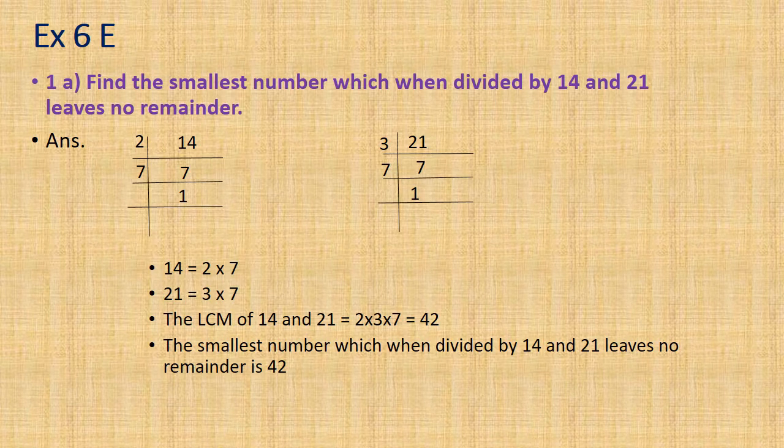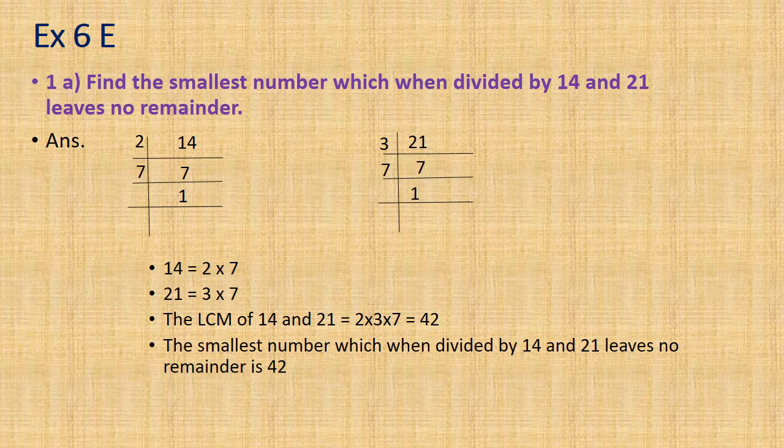Question number 1, part A of 6E is: find the smallest number which when divided by 14 and 21 leaves no remainder. So here to find the smallest number, we will take out the LCM of 14 and 21. First we will take out the factors of 14 and 21 separately.